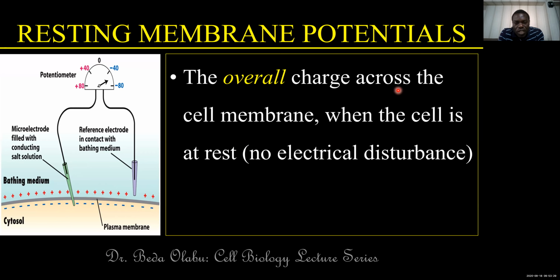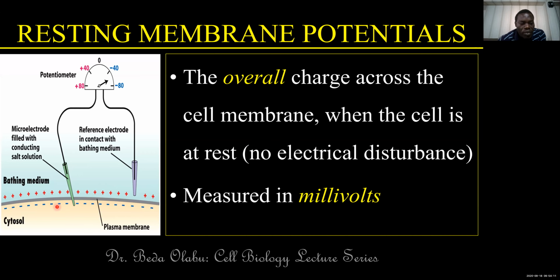The type of disturbance I'm talking about here is electrical disturbance. So there's nothing disturbing its equilibrium. It is the equilibrium that cell membranes achieve. As I've mentioned, it is measured in millivolts.